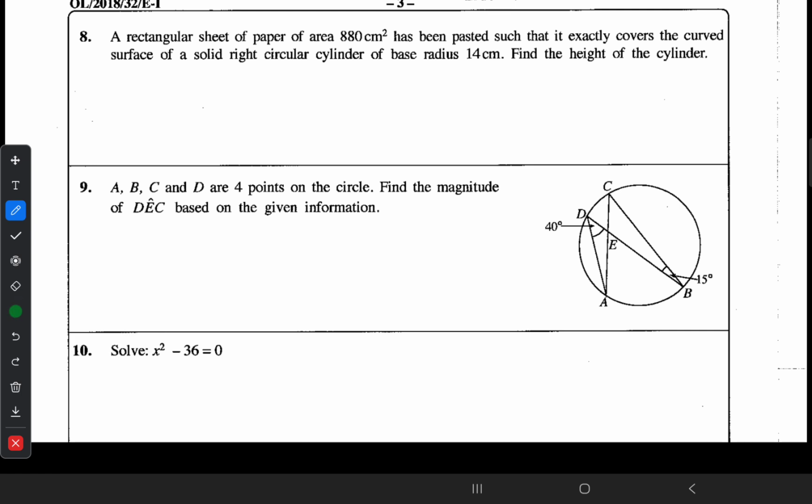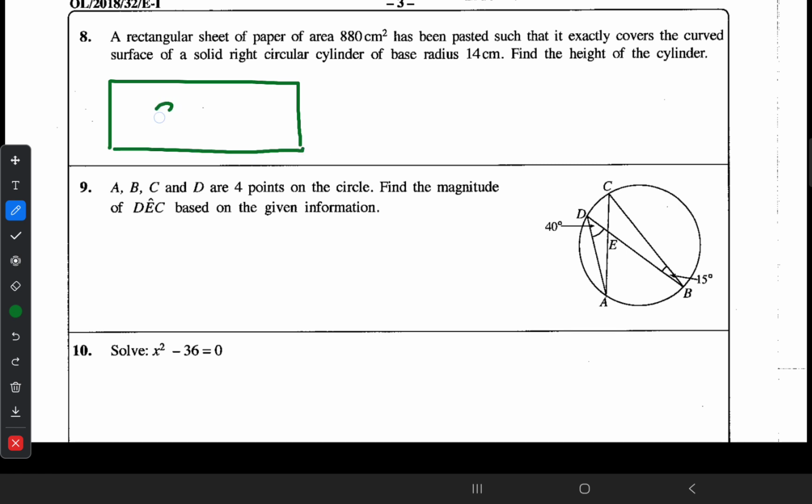Eighth question. A rectangular sheet of paper has been pasted such that it exactly covers the curved area of a solid right circular cylinder. That means the curved surface of the cylinder equals the rectangle's area.